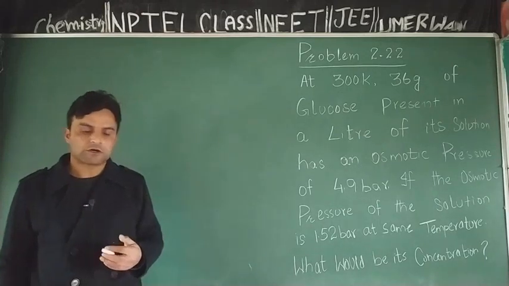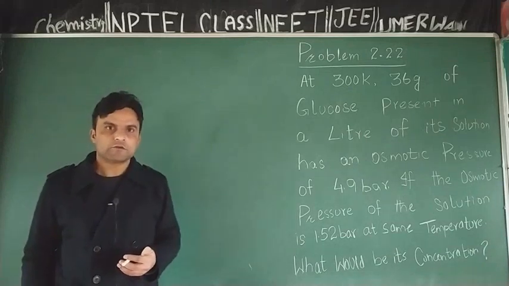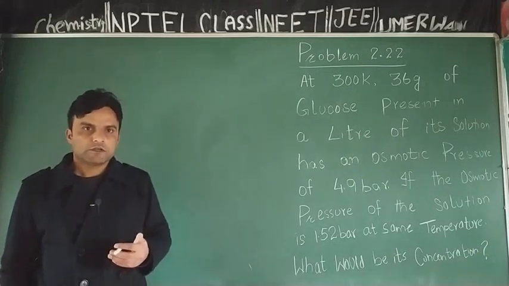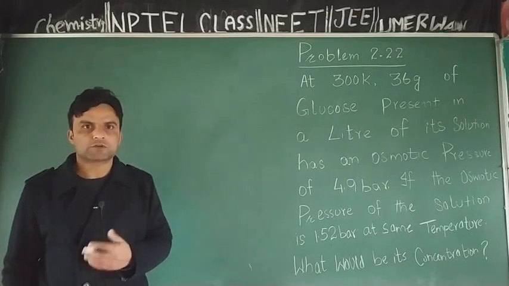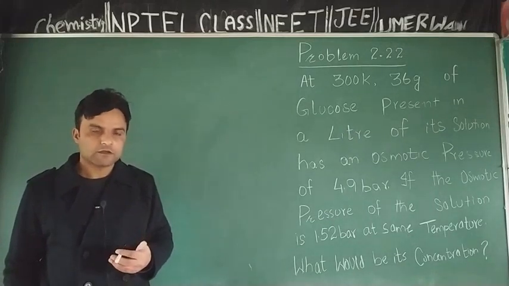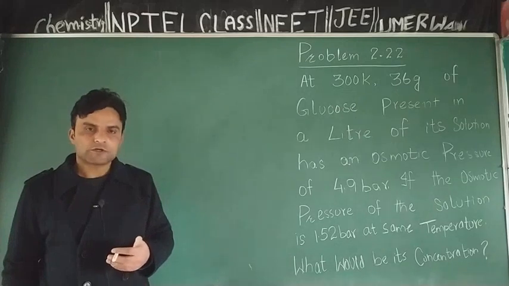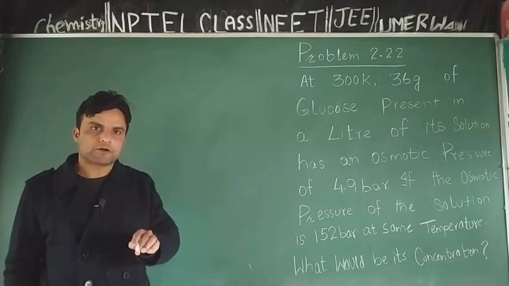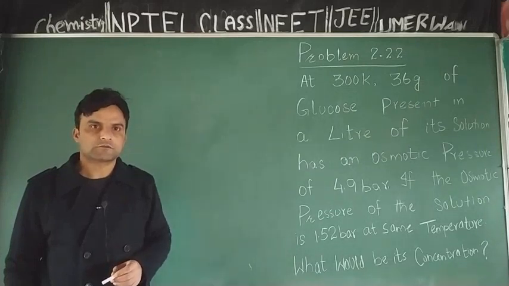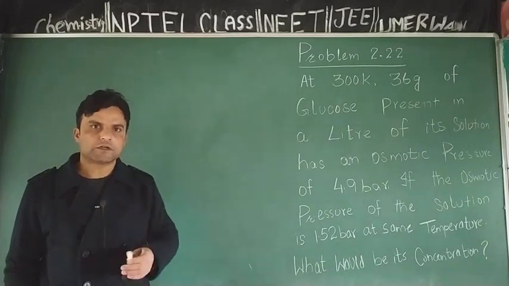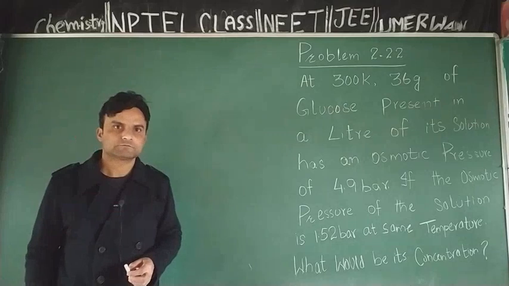Or I can say that osmotic pressure is the increased pressure on solution side because of osmosis. Or I can say osmotic pressure is the external pressure applied on solution side so as to prevent osmosis, and is always equal to vapor pressure difference between pure solvent side and solution side.